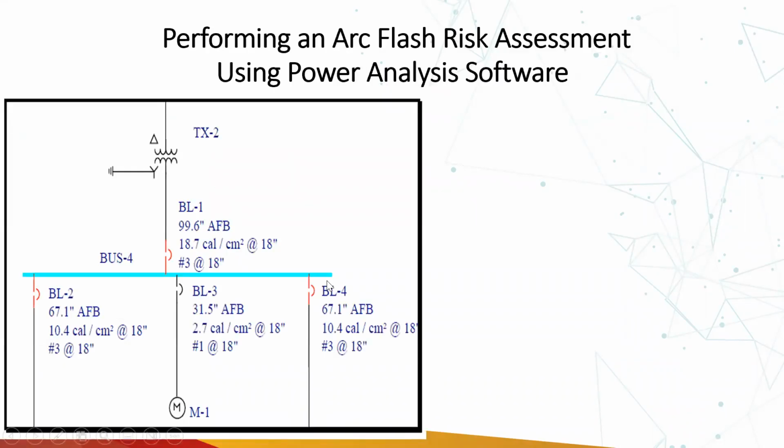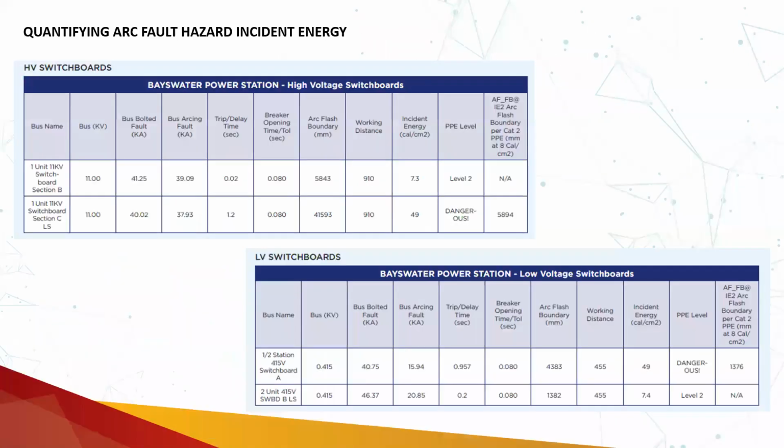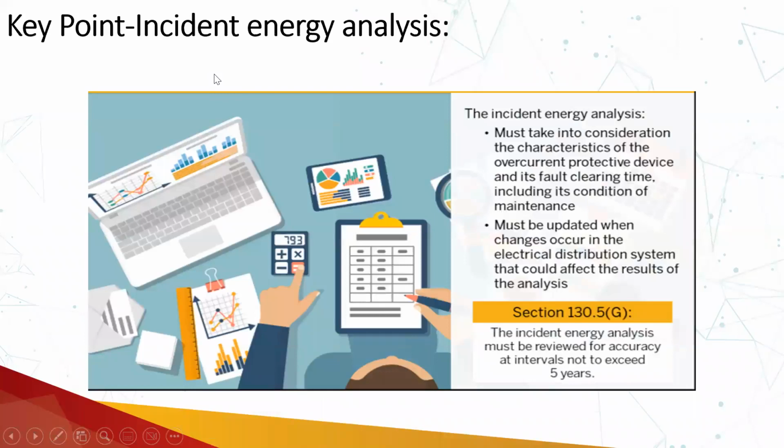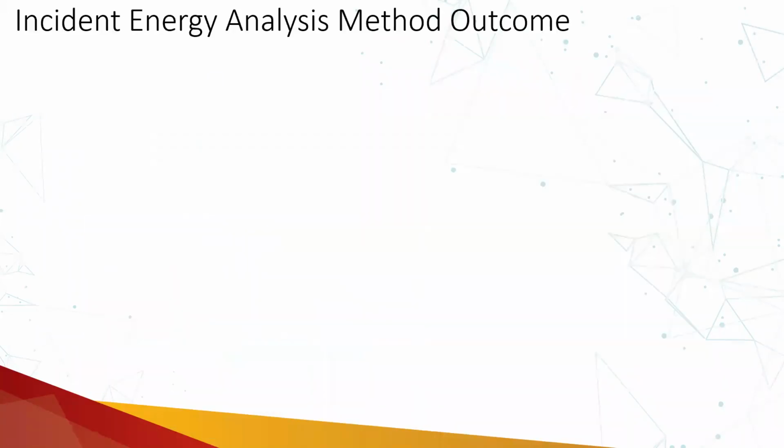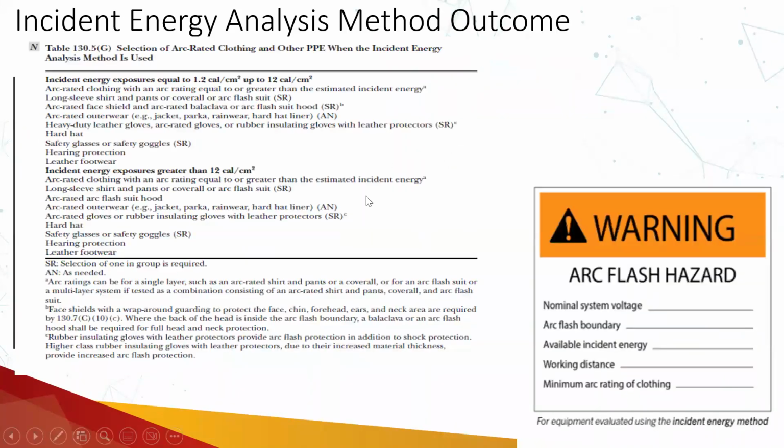Once the model is performed, the outcome is 18.7 cal per centimeter square at a working distance. So we might be choosing the personal protective equipment or PPE of 24 cal per centimeter square, or 36 cal per centimeter square PPE is used. So we will be moving to table 130.5G for selection of our personal protective equipment.